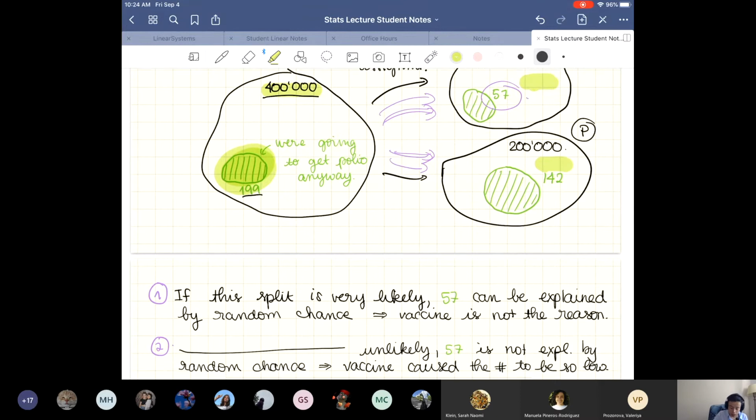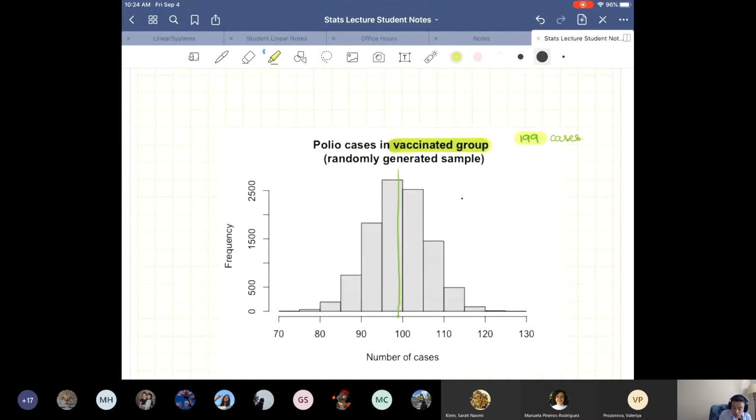Okay, that's good. So because most of the times I'm going to evenly distribute them, that means that most of the time I'm going to get about 99, 98, and so on cases in the vaccinated group, right?